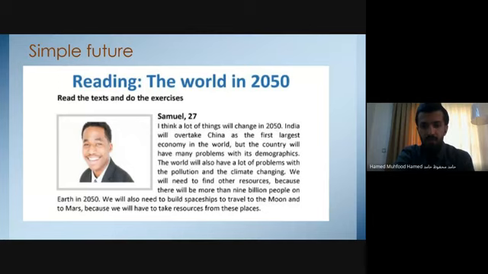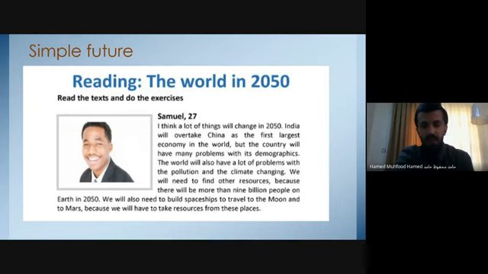The world will also have a lot of problems with the pollution and the climate changing. We will need to find other resources because there will be more than 9 billion people on Earth in 2050. We will also need to build spaceships to travel to the Moon and to Mars, because we will have to take resources from these places.